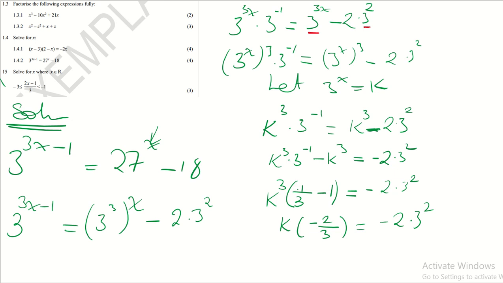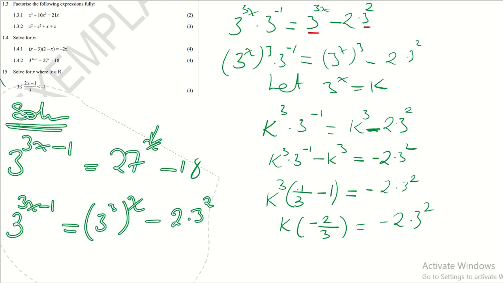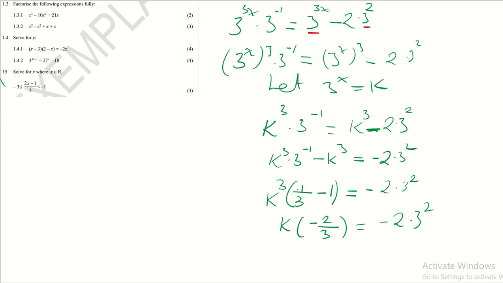This seems to be a long problem. So I want to divide by this on both sides. This is negative 2a over 3 equal to negative 2 times 3 squared.